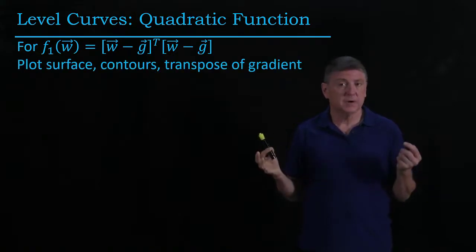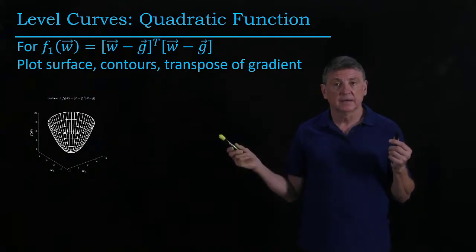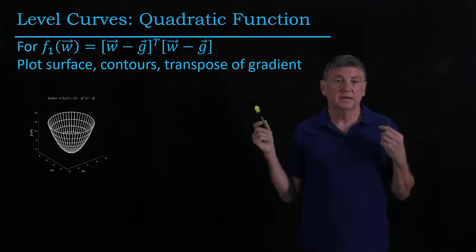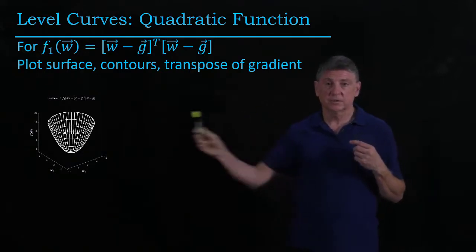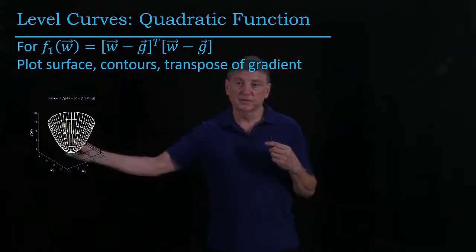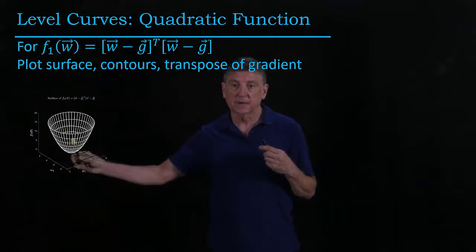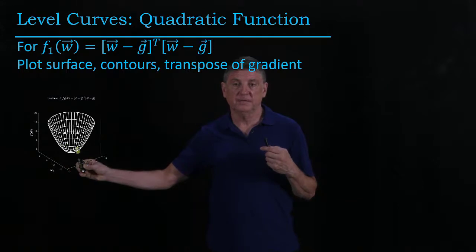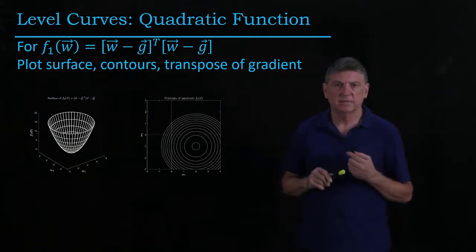Now let's try plotting the surface and the contours. This looks like what's called a paraboloid. It's a surface of revolution, and what that means is that each level curve of this is a circle. Let's verify that.